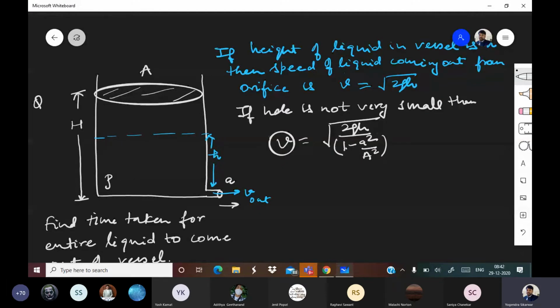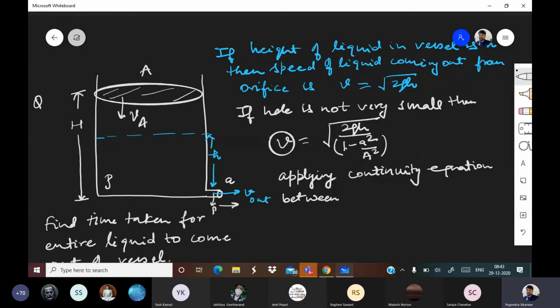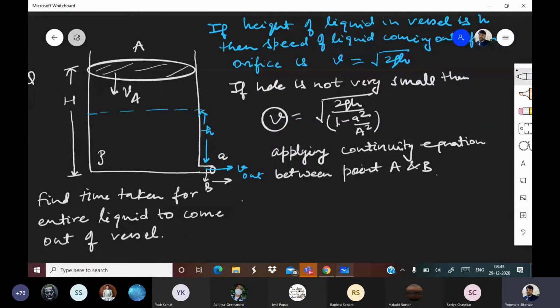So if I apply continuity equation between, let me call this point B, between point capital A and B. So capital A into VA is equal to small a into VB, and that is V out actually, right?